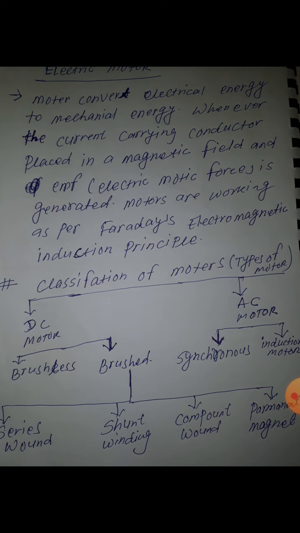So if we give a three phase supply to a motor, a magnetic field is produced, and the magnetic field produces EMF, electromotive force, also called voltage. This goes to the secondary part.